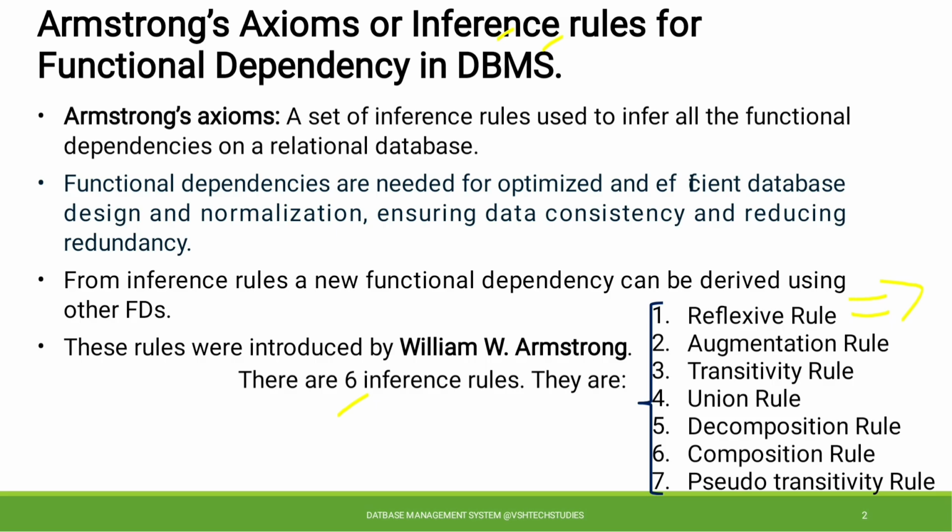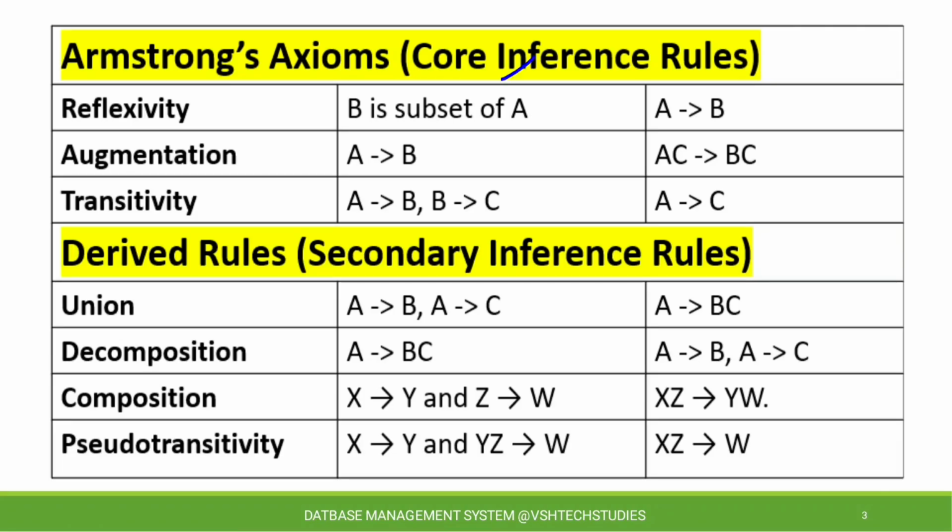Under core or primary inference rules, we have reflexivity, augmentation, and transitivity rule. Under derived or secondary inference rules, we have union, decomposition, composition, and pseudo-transitivity rule. Here A with an arrow mark B indicates a functional dependency.